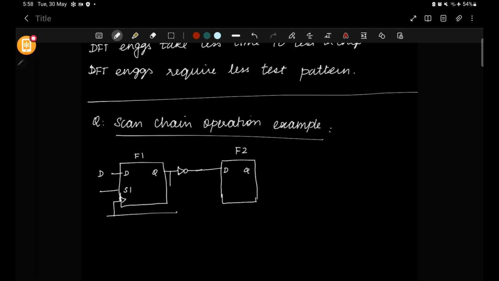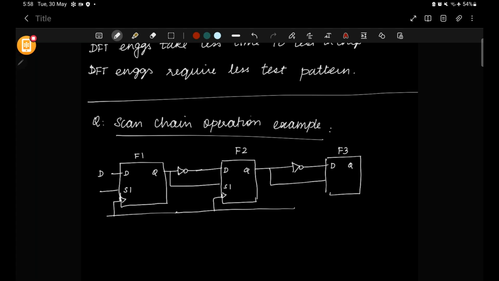This flop's Q is directly connected to the scan input. And this is the clock. And here, this is flip-flop 3. This is the scan input. So this is going to clock.